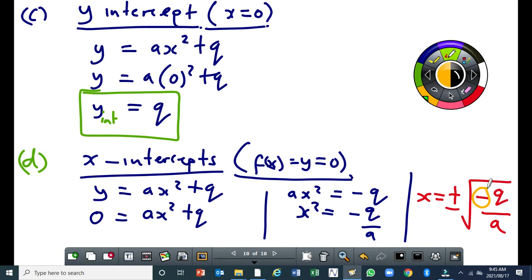Now, just to emphasize, this plus or minus here means you will get two values. That's an indicator that you get two values. It's not one x-intercept, it's two x-intercepts. One will be positive, the other one will be negative.